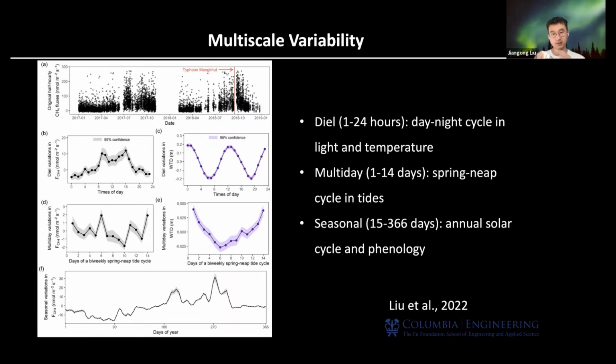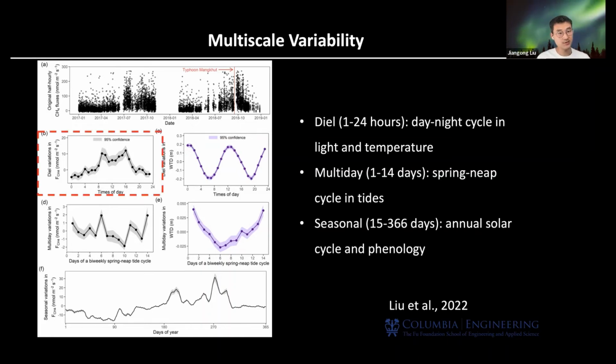The diurnal scale represents the day and night cycle in light, temperature, and also tidal heights. For the multi-day time scale in this tidal ecosystem, it is particularly interesting to see the spring and neap tidal cycles and how they influence methane dynamics. And the seasonality represents the annual movements of the sun and the plant physiology.